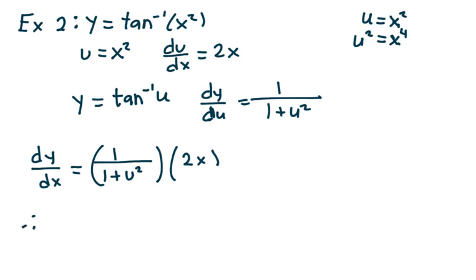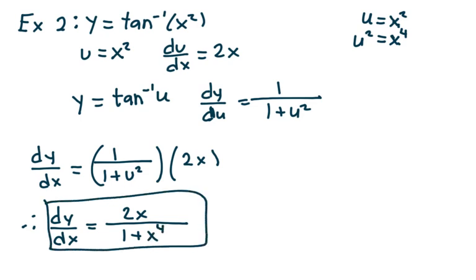And so, therefore, dy dx is 2x divided by 1 plus x raised to the 4th power. And that's how we take the derivative of the second example.